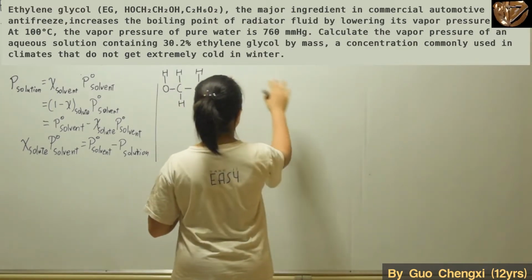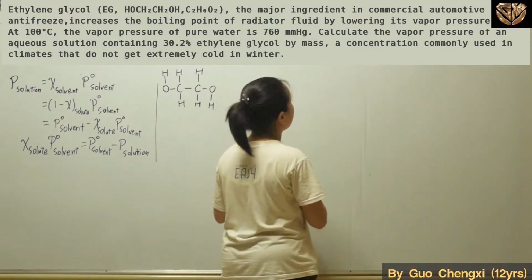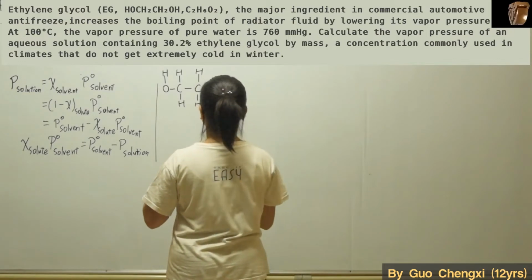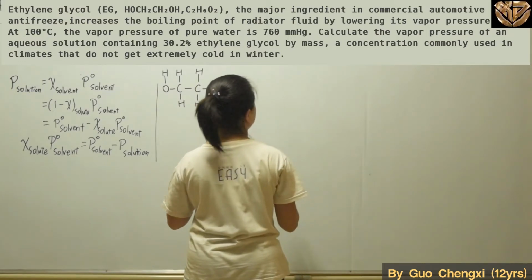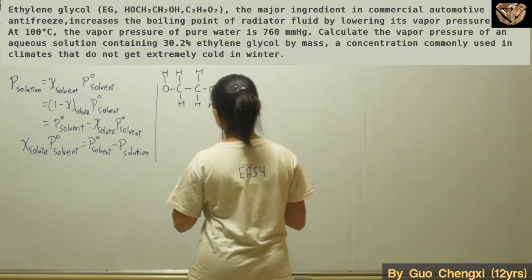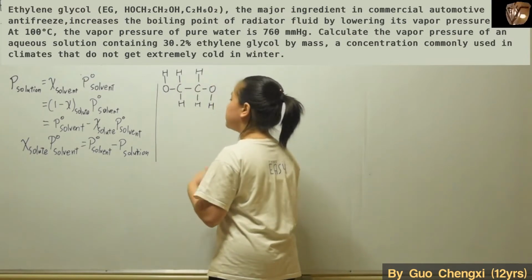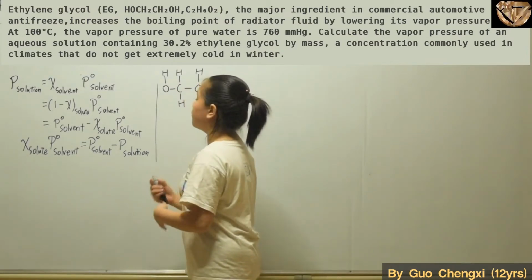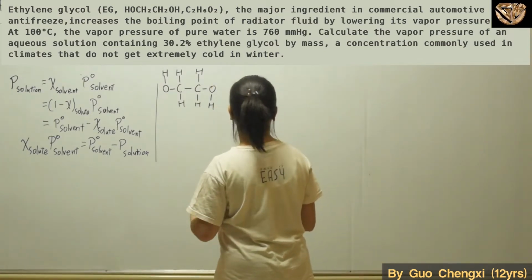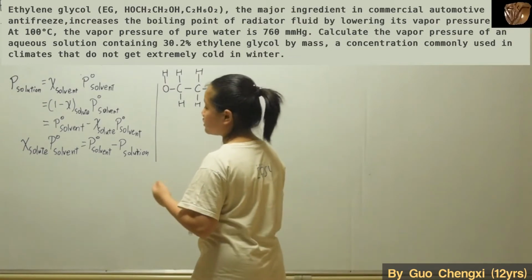As you can see, the sentence over here says it is a major ingredient in commercial automotive antifreeze, increases boiling point of radiator fluid by lowering its vapor pressure. It is a major ingredient in commercial automotive antifreeze because ethylene glycol has a way lower freezing point than water, so that's why it will be used in commercial automotive antifreeze and others.